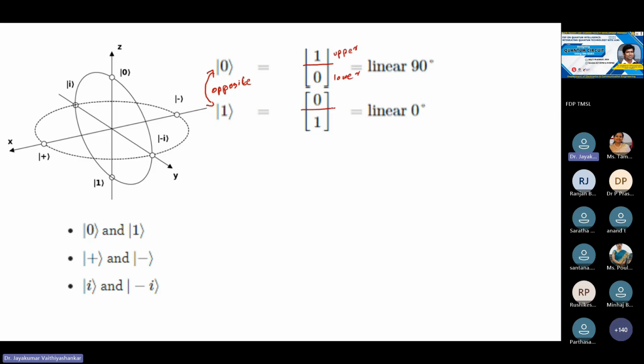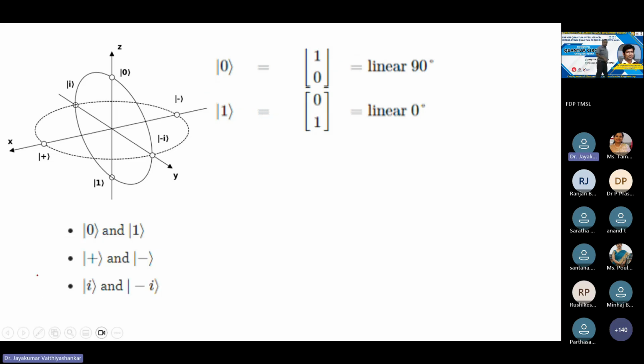Here it is reversed: the upper component is 0 and the lower component is 1. So these two are opposite in nature. Mathematically, you can say orthogonal to each other. In two-dimensional, you can represent this with 90 degrees.